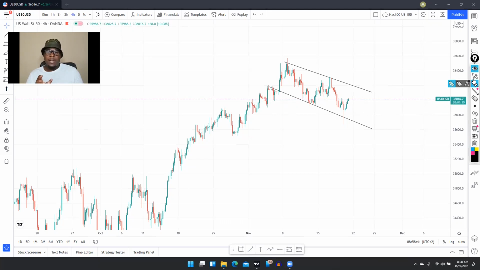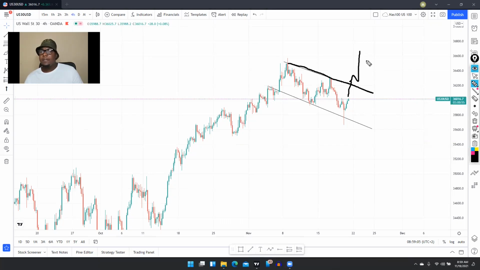On the other hand, NASDAQ is just flying. So the market can reach this area, push lower, reach this area, push lower, or maybe if the market moves above 36,200, which is that area, we can say, okay, this downtrend is not really valid.